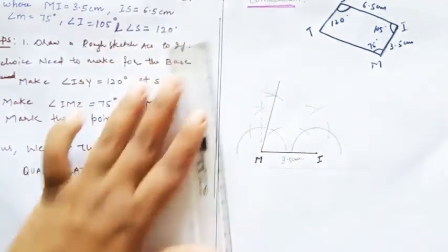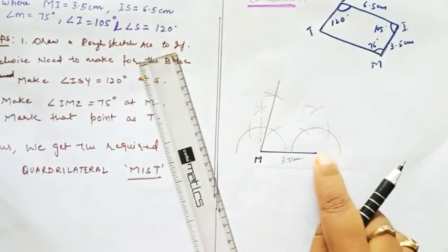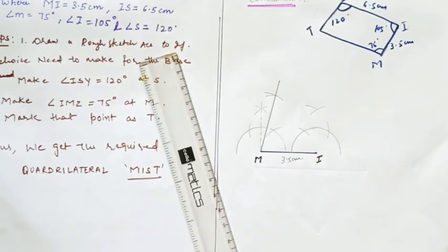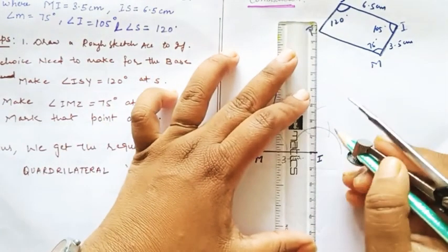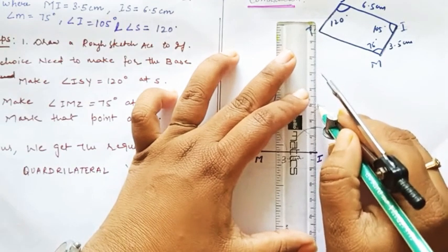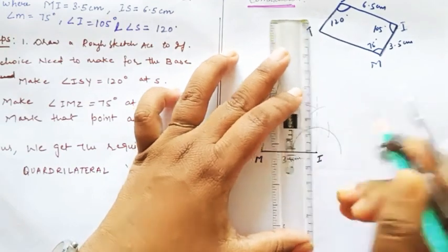Now from I I will draw 105 degrees. This time the 105 will be on this side.